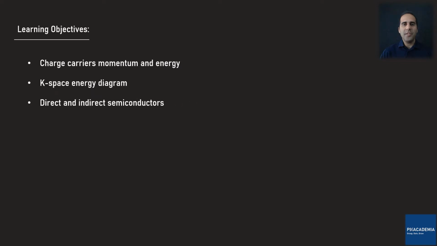By the time you finish this lesson, you will learn the charge carrier's momentum and energy, K-space energy diagram, and direct and indirect semiconductors. In the previous lectures, I introduced the energy band diagram and the diagram plotted versus the interatomic distance.